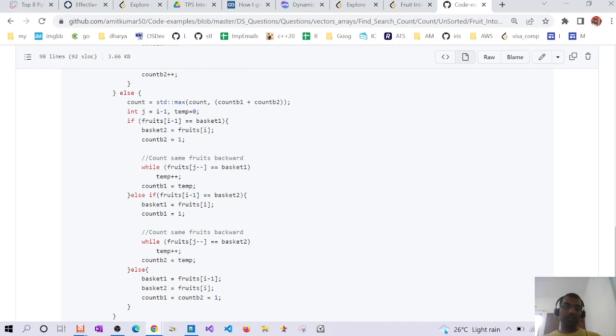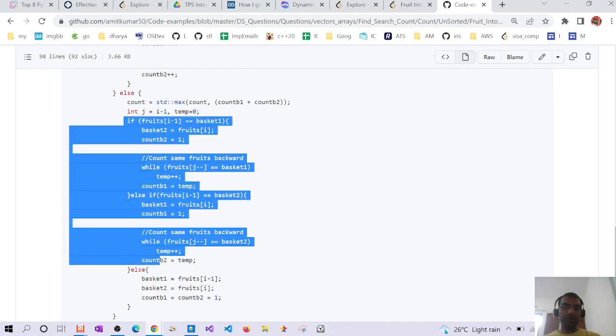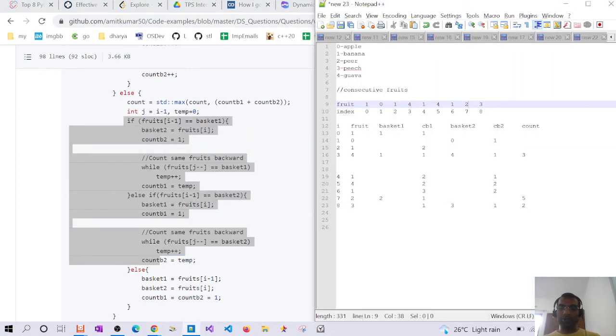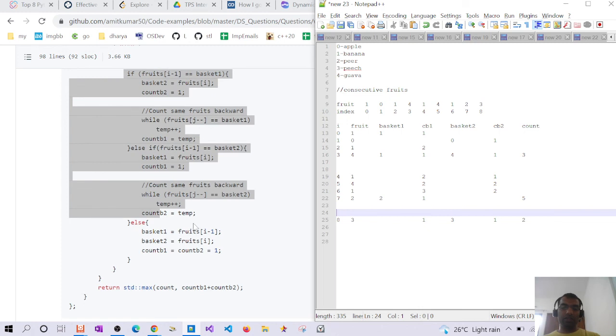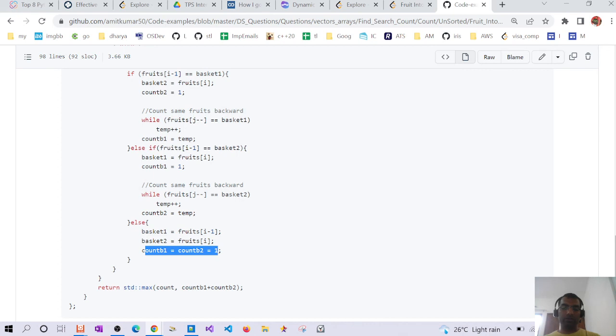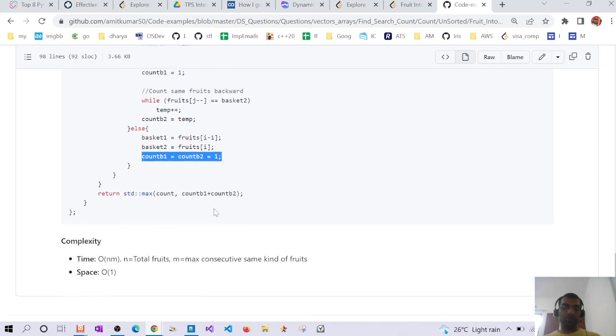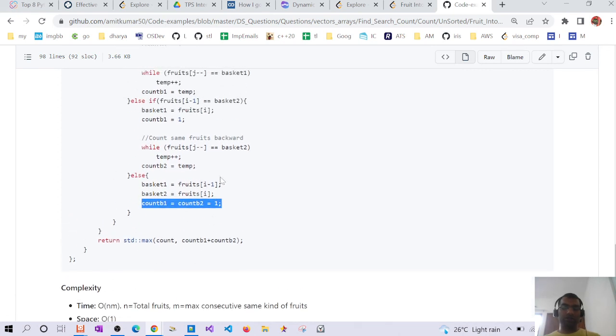And if it's a completely new fruit, for example in this case 2, then we can place the fruit at i minus 1 in basket 1, and place this fruit in basket 2 or vice versa, and we set both the counts to 1. There is no problem in placing any of the fruits in any one of them.